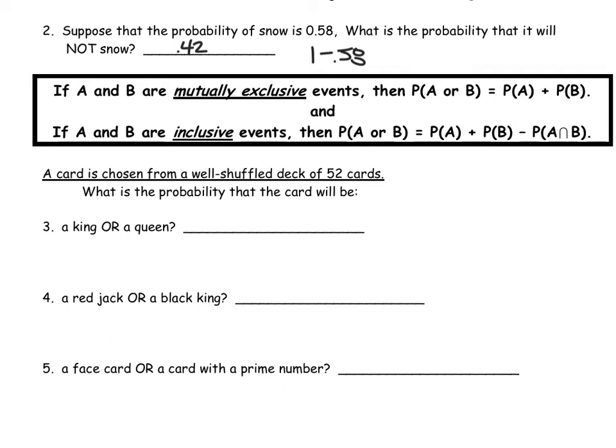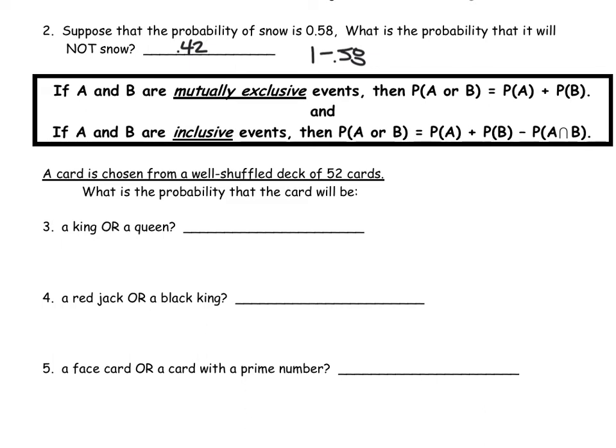You can't double count for something. For example, if I were to use a spinner or rolling a die, and I ask you for the probability of it being an even number or a 2, now you're adding the probability of an even number, which is 2, 4, and 6, with the probability of it being a 2. See how you're double counting 2?